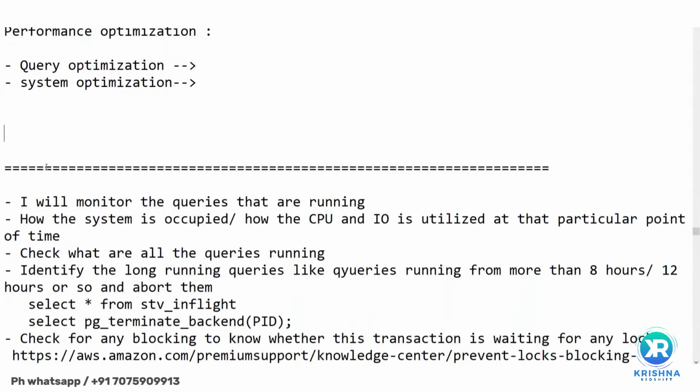Query optimization means, for example, whatever copy jobs you are writing, whatever unload scripts you are writing, or whatever BI jobs, meaning reporting queries. What type of queries are reporting queries, selects or updates or inserts? Select. Reporting means only select queries.